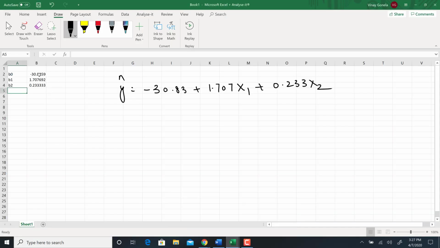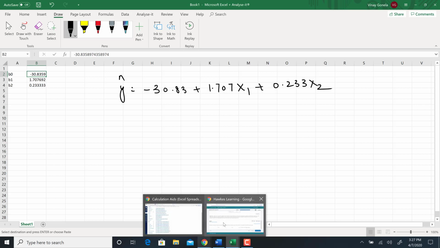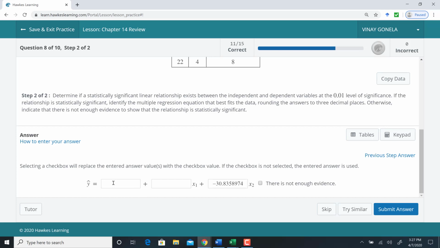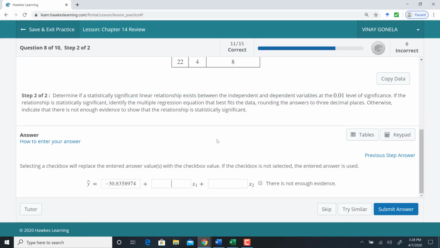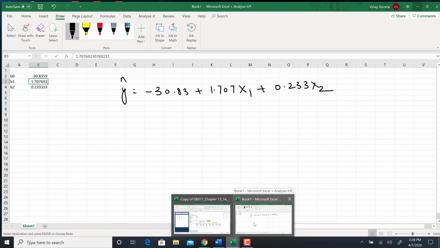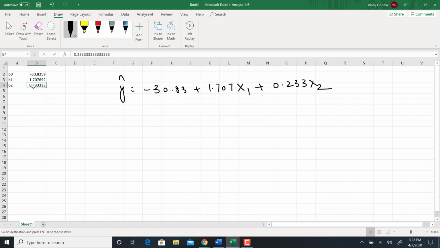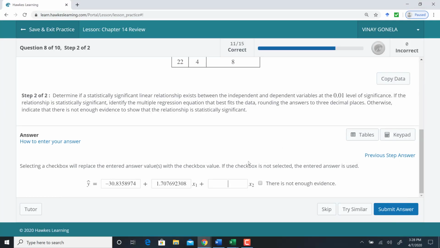This is our b naught, the y-intercept, which goes here. Our beta 1 is 1.707, so that will be here, and then 0.233 is here.